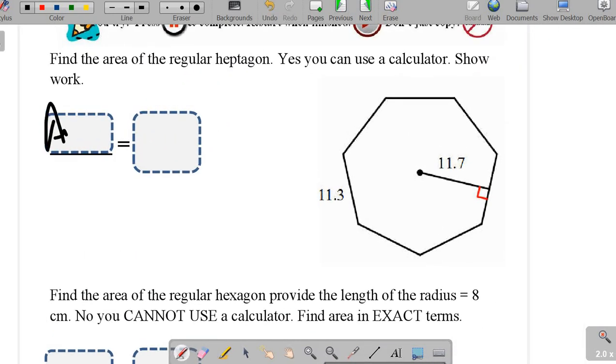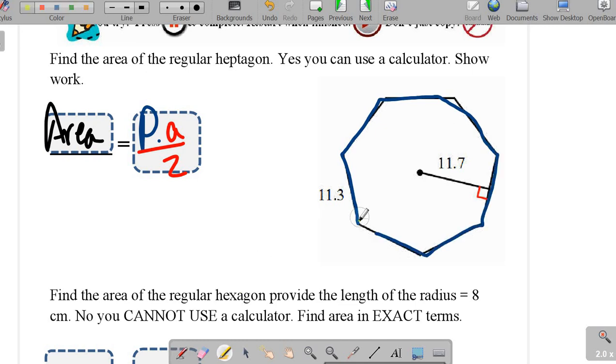So we have area equals perimeter times apothem over 2. So our perimeter, that's 1, 2, 3, 4, 5, 6, 7.